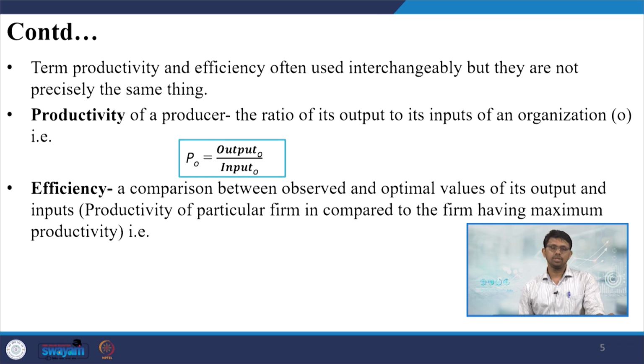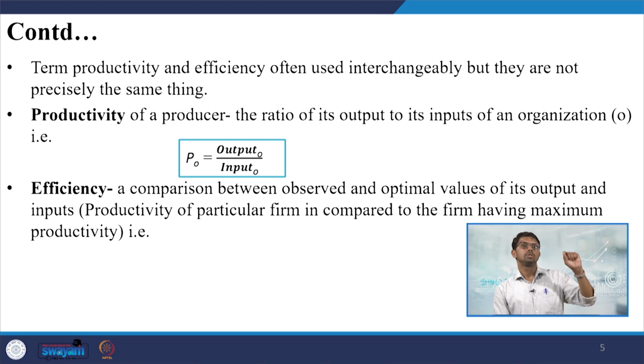In efficiency, we are comparing the observed and optimal values of its output and inputs. So, it is the productivity of a particular firm compared to the firm having the maximum productivity.